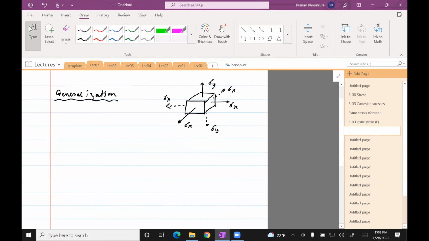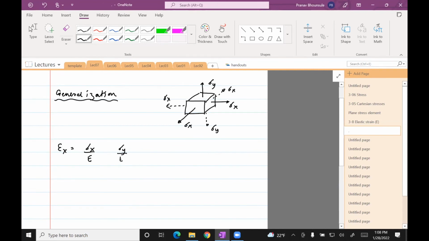So if you have stresses in all directions, then the strain is going to be, well, sigma x divided by E. We know that that's the strain due to the normal stress sigma x. But because it's also being stretched in the y and z direction, there's a strain due to the effect of sigma y and sigma z.